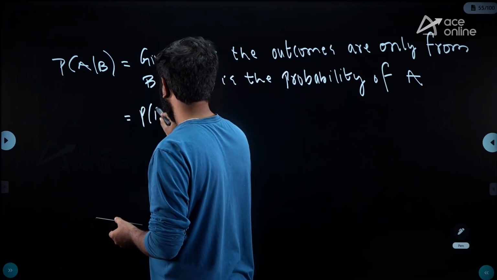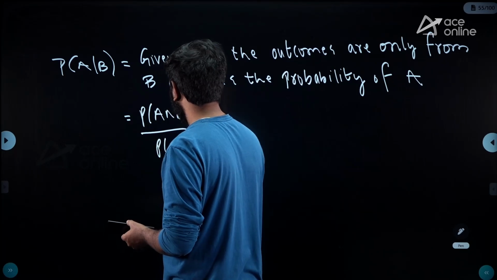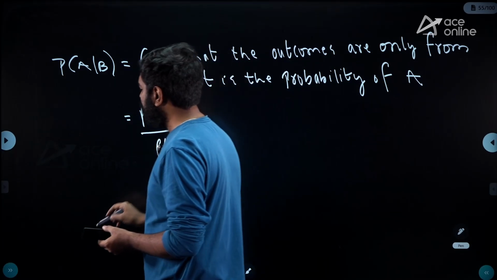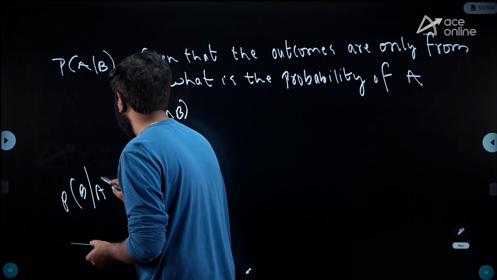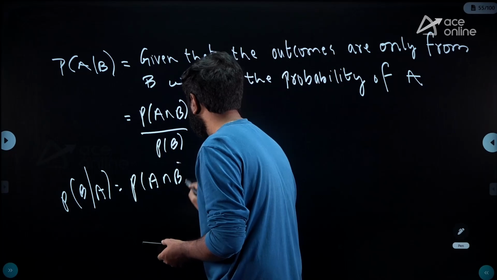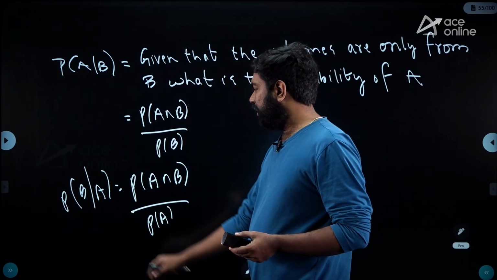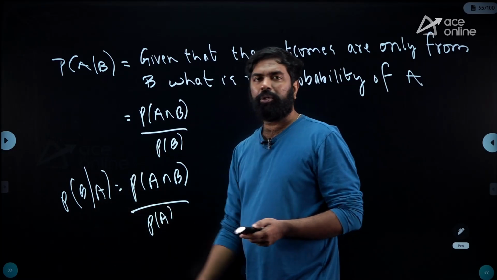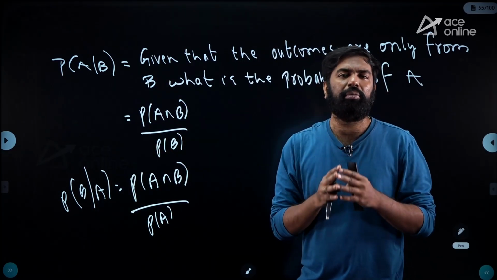It is P of A intersection B by P of B. Same way, what is P of B given A? It is P of A intersection B by P of A. And how do you read it? Given that the outcomes are only from A, what's the probability of the event B? These two terms are called conditional probabilities.